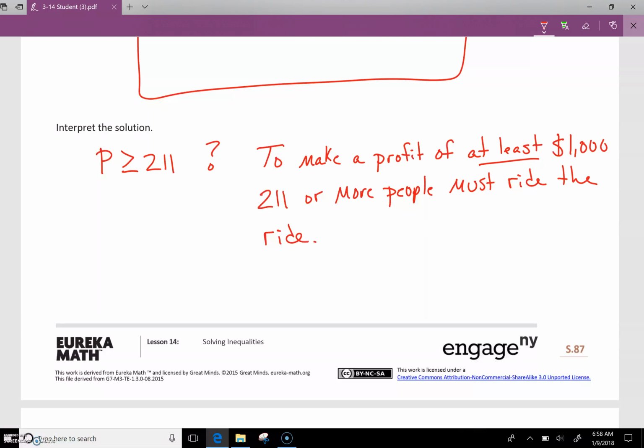So it could be 211 exactly, it could be 212, 213, and so on, as long as it's 211 or more.